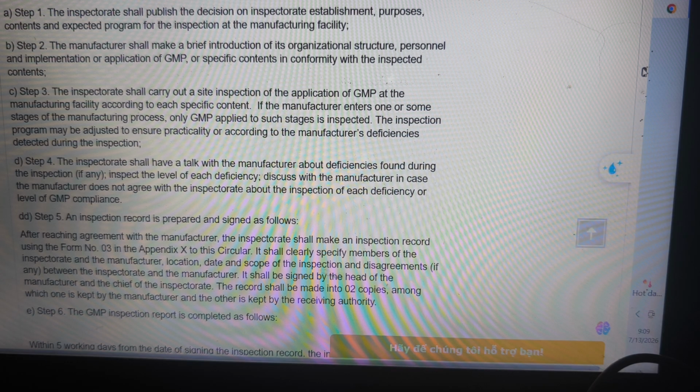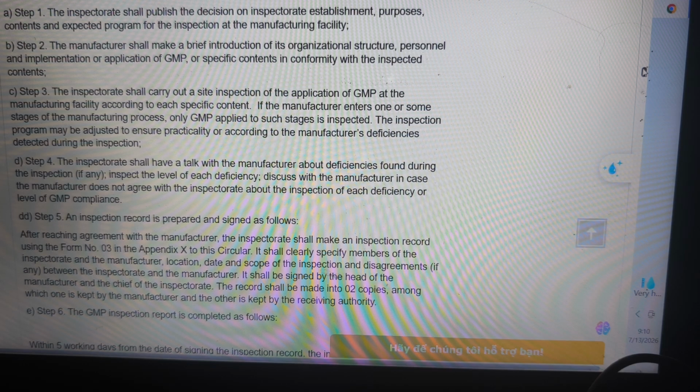It shall clearly specify members of the inspectorate and the manufacturer's location, date, and scope of the inspection. Disagreement, if any, between the inspectorate and the manufacturers shall be signed by the head of the manufacturers and the chief of the inspectorate.